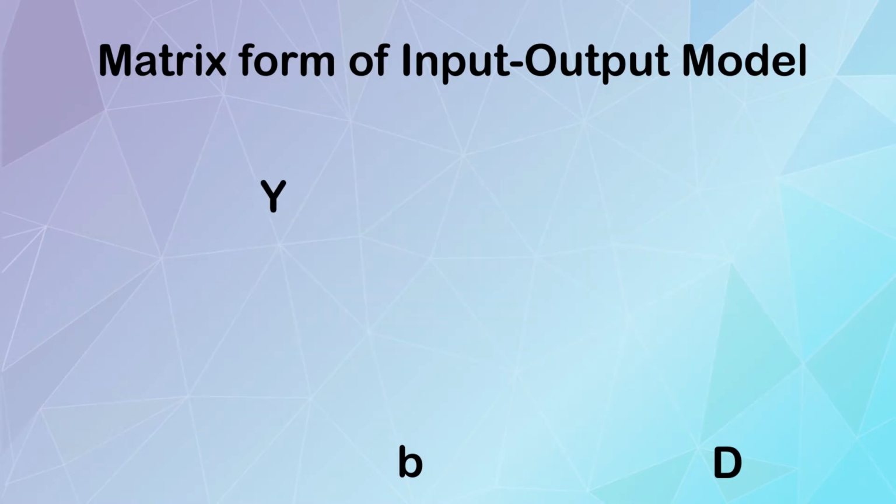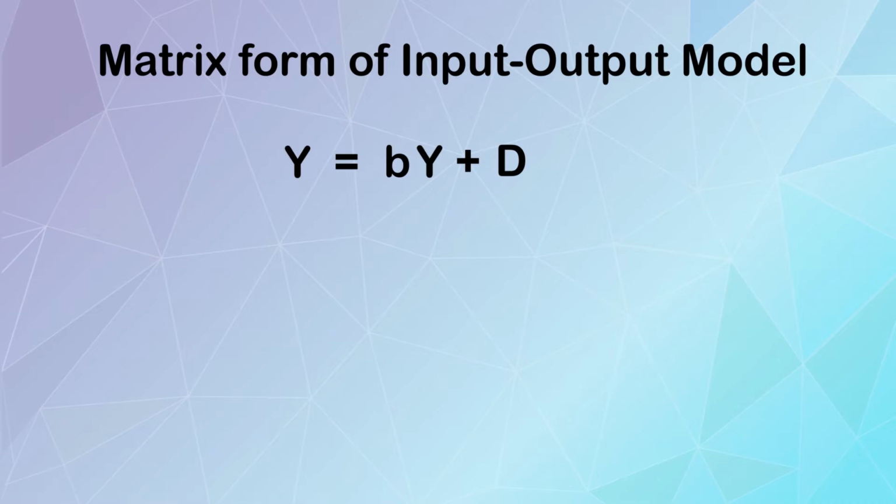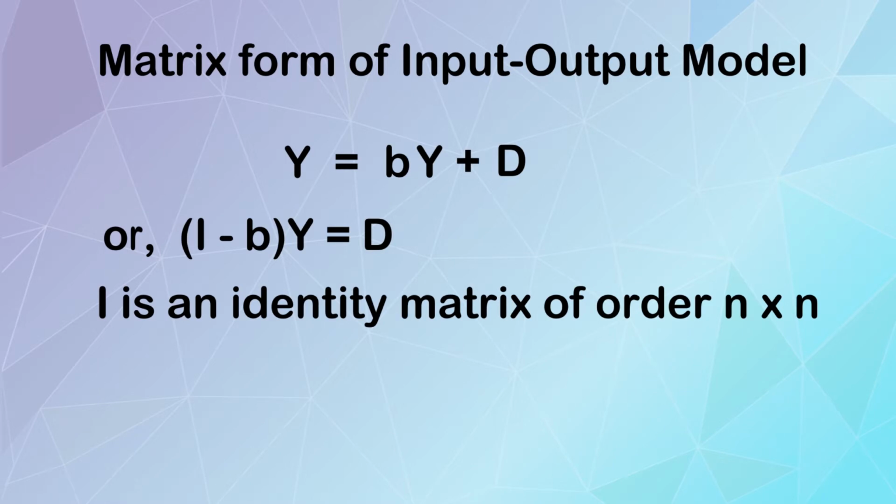In short, we may write Y is equal to BY plus D. Simplifying, we get (I minus B) into Y is equal to D. I is an identity matrix of order n by n. Thus, we arrive at the final matrix form of the open input-output model.